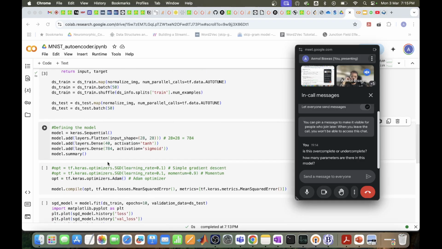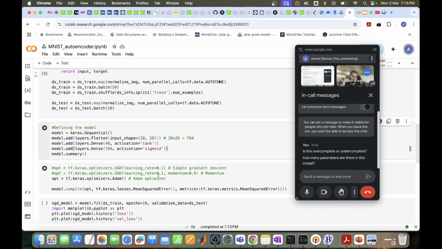So here is the model definition. The first layer is a flatten layer. It takes this 28 by 28 input and flattens it to a single vector, 784 dimensions. The second layer is a dense layer with a tanh activation, and the third layer is a dense layer with a sigmoid activation. That's all that we have in this model.